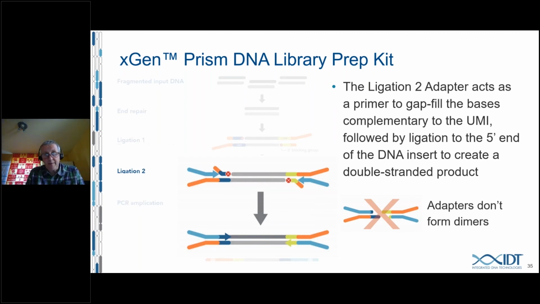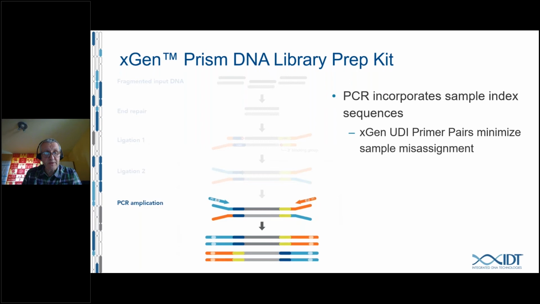Again, adapter dimers are not formed, and you can think of such a structure as the result of the ligation of the NEB adapters upon cutting open with the USER enzyme. It's a similar structure. And finally, to label the samples with sample barcodes, there is an amplification reaction with unique dual index primers that are used to uniquely identify the samples. By using unique dual indexing, we are mitigating the index hopping problem, which can be observed with Illumina instruments that are using patterned flow cells, like the NovaSeq, for example.